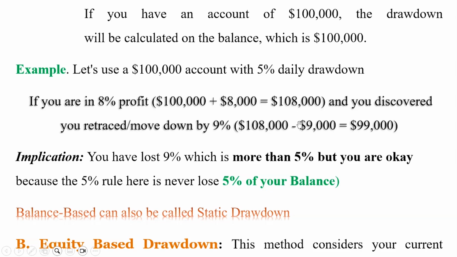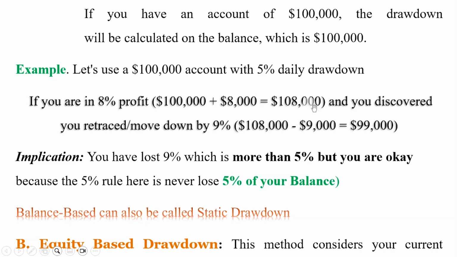But all of a sudden, you discover that the market retraced or moved down by 9%, and that 9% is the highest profit you've gotten minus the percentage retracement. So when you say $108,000 minus $9,000, you're going to have $99,000 left.